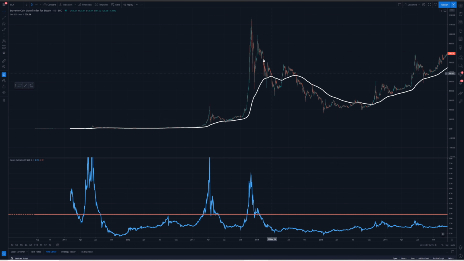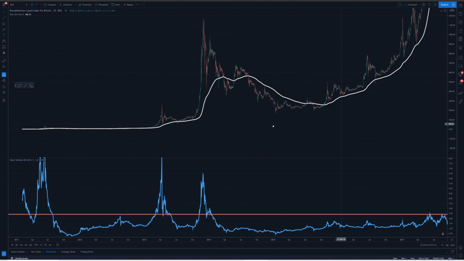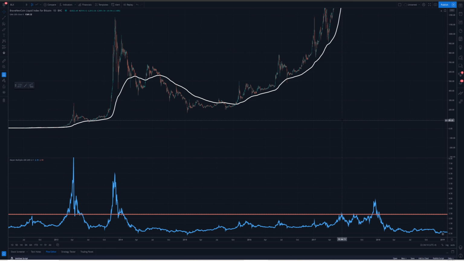Price went too high away from the 200 period moving average and had to come back down and recheck the mean. So that is how you can see that the market has gone too far in any direction, whether that's to the upside or to the oversold side. It's very helpful to use it in that way.